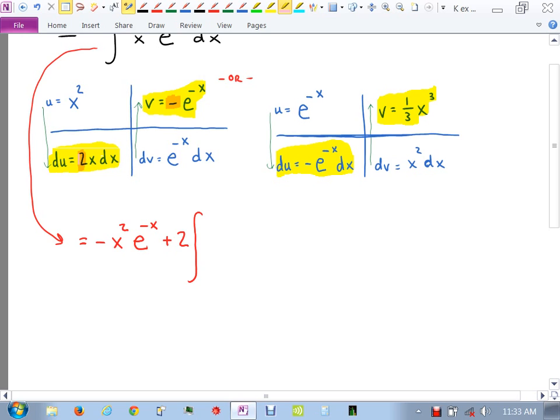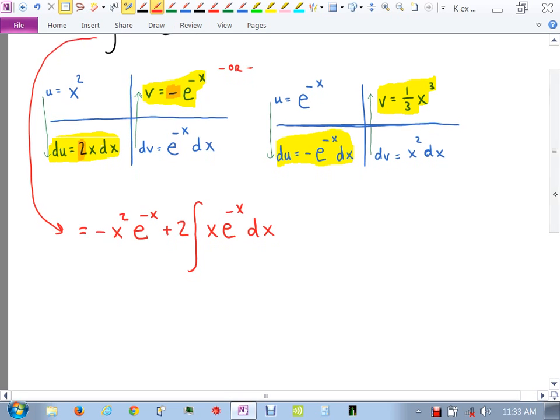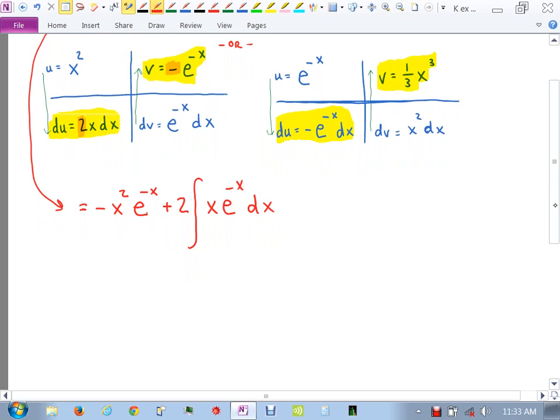What's still in the integral here? x e to the negative x dx. But we don't know what the antiderivative of x e to the negative x is, do we? Another round of integration by parts. We're going to do integration by parts again.